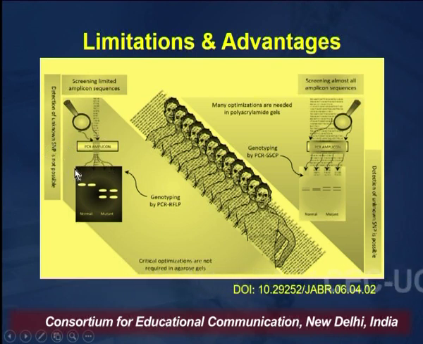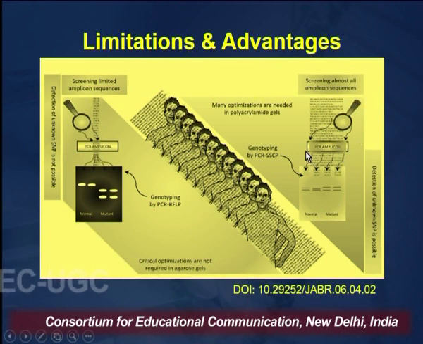This makes the process very limiting, because not all genes would be accompanied by a restriction site that can give rise to a polymorphism because of a certain mutation. So fewer amplicons can be studied here, and obviously the optimization is not much required, because it can just be run on agarose gel electrophoresis, but its recognition is very much limited.